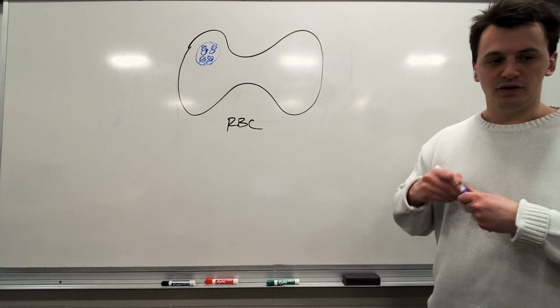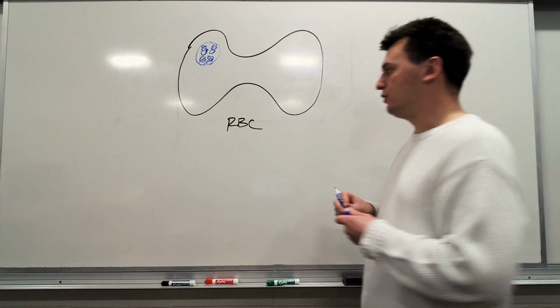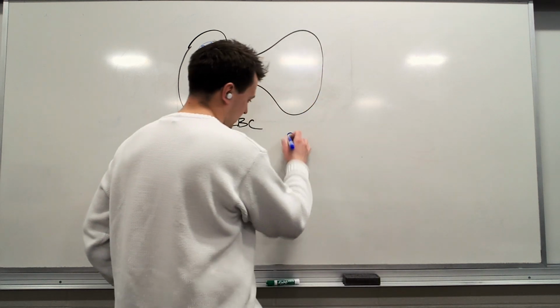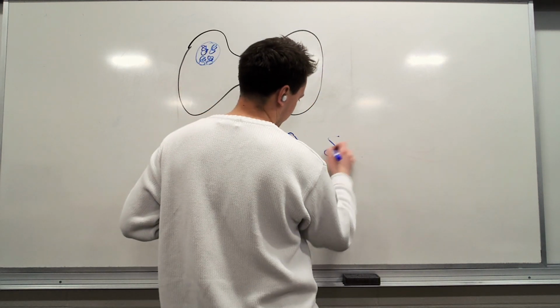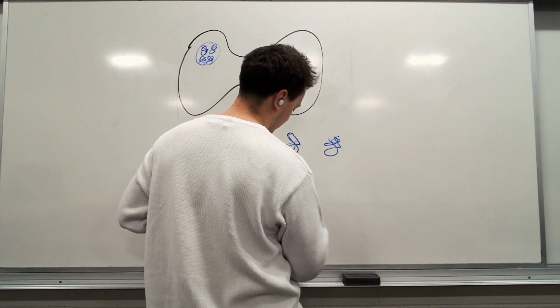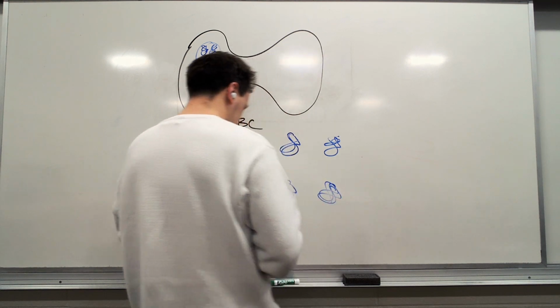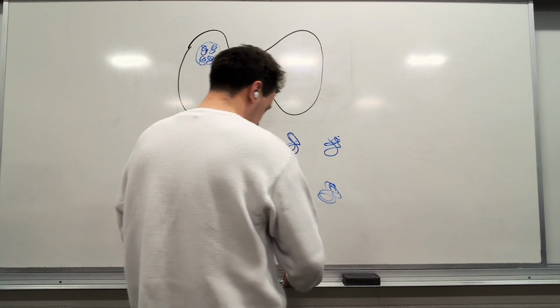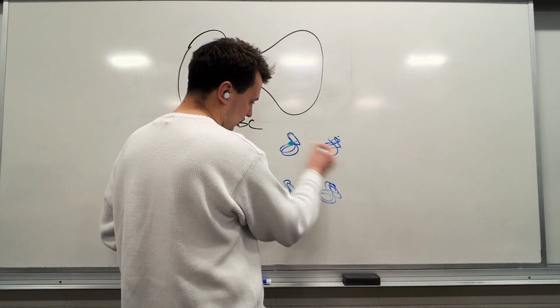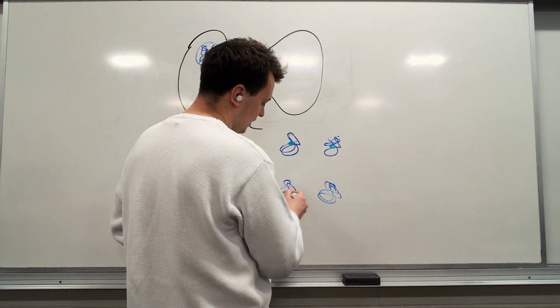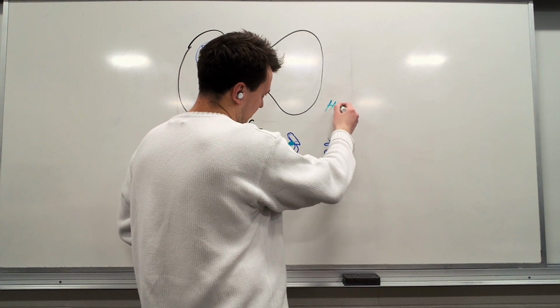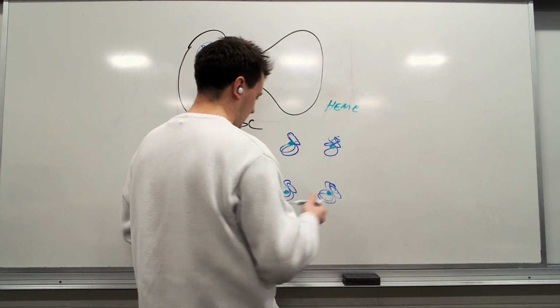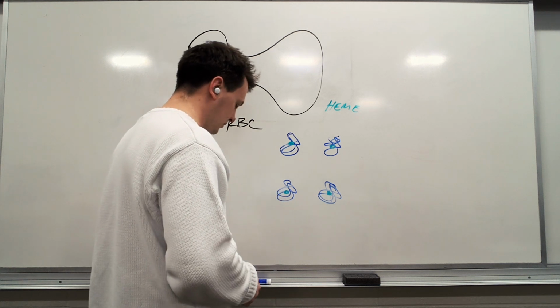So if we look up into the hemoglobin molecule, as I drew right there, we'll have these four protein-looking things like this. And within these four protein-looking things, we have a molecule called heme. And heme is something that we'll talk about today in quite some depth.